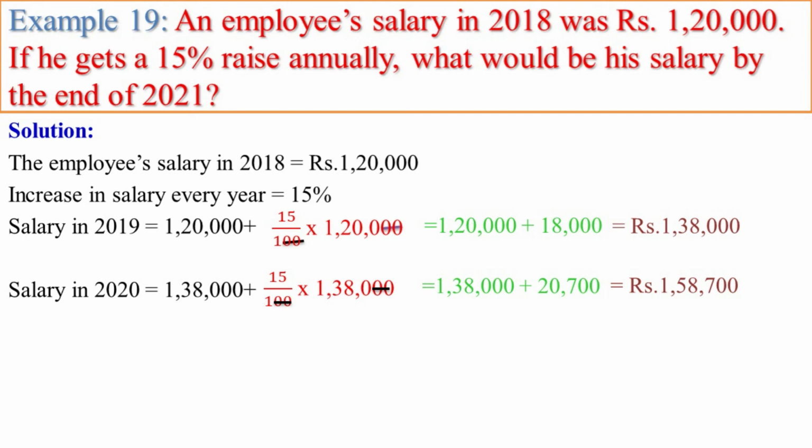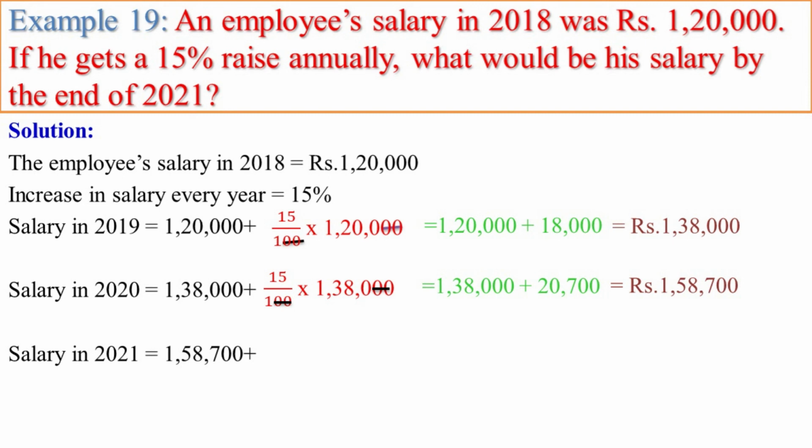Next, we have to find the salary amount in 2021. As I told you already, we have to find 15% of the salary for the year 2020, which is the previous year's amount. Then we have to add the 15% of salary to that same salary amount of the previous year.